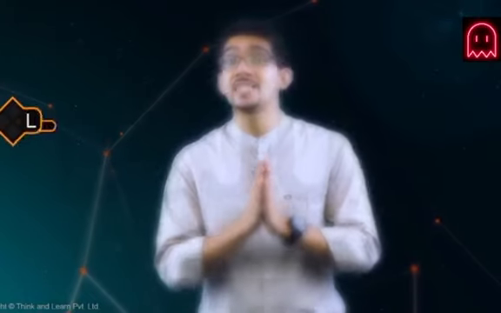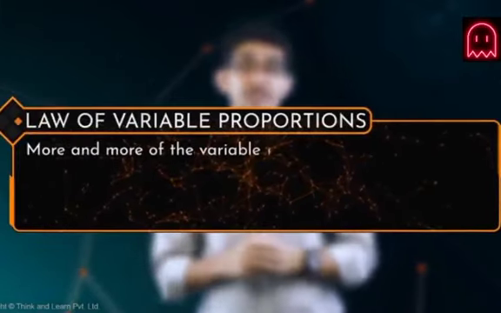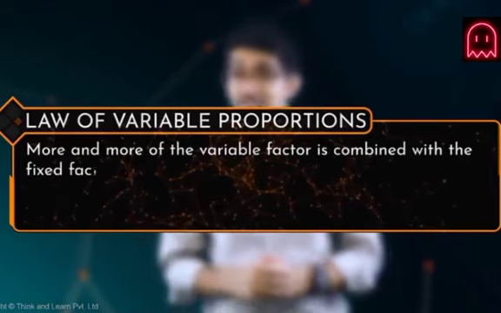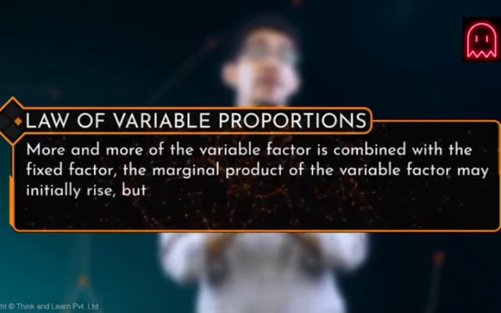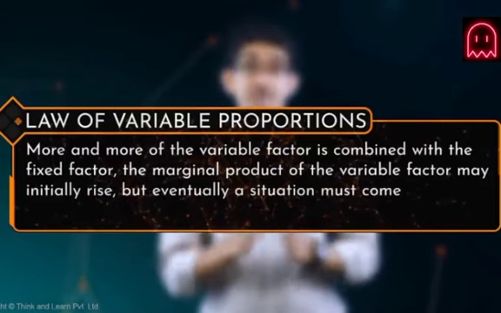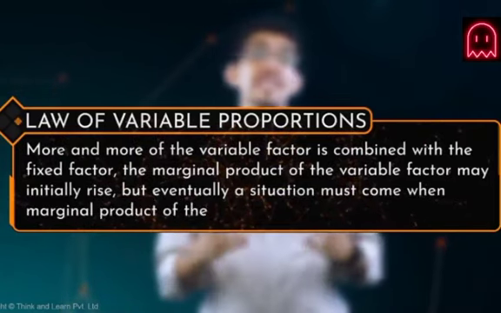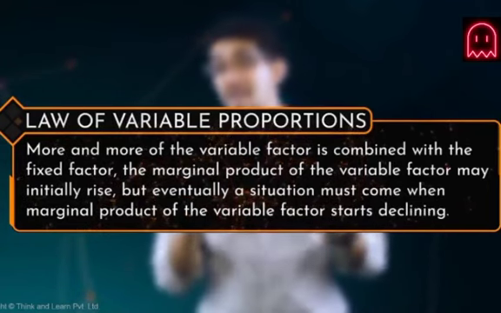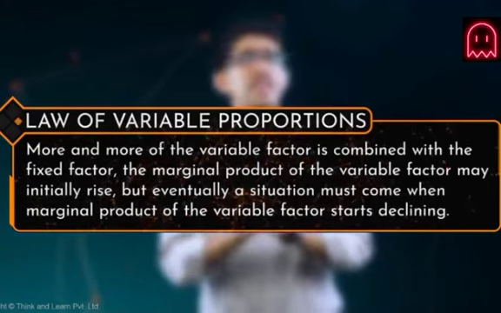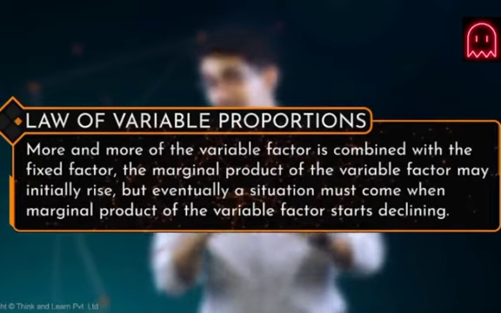The law of variable proportions states that as more and more of the variable factor is combined with the fixed factor, that is, as the proportions of the factors are varied, the marginal product of the variable factor will vary. It may initially rise, but eventually a situation must come when marginal product of the variable factor starts declining. Marginal product may ultimately become zero or even negative.